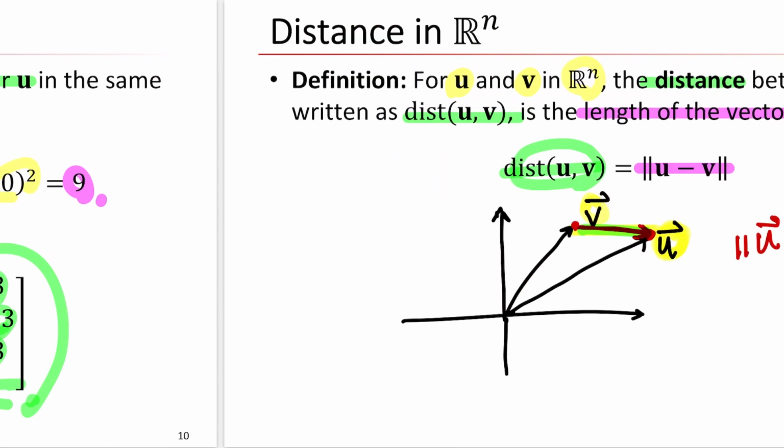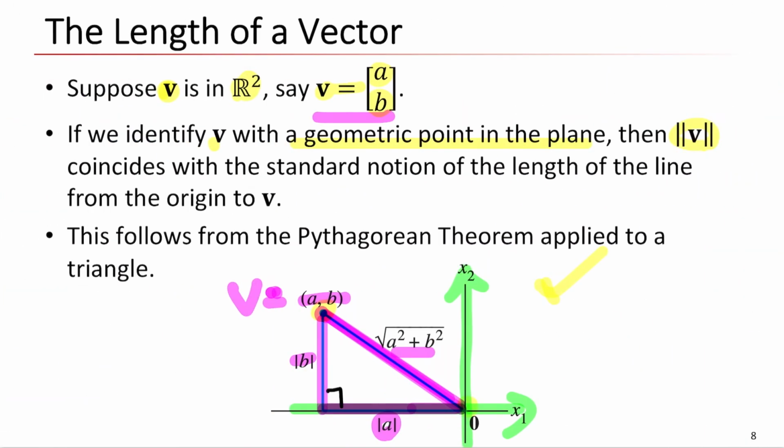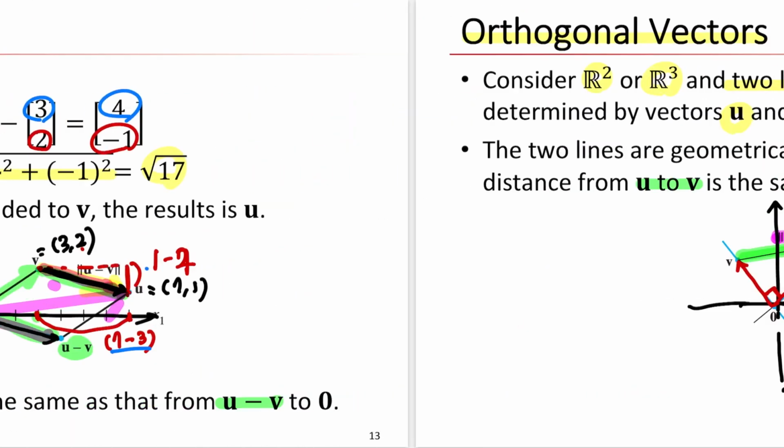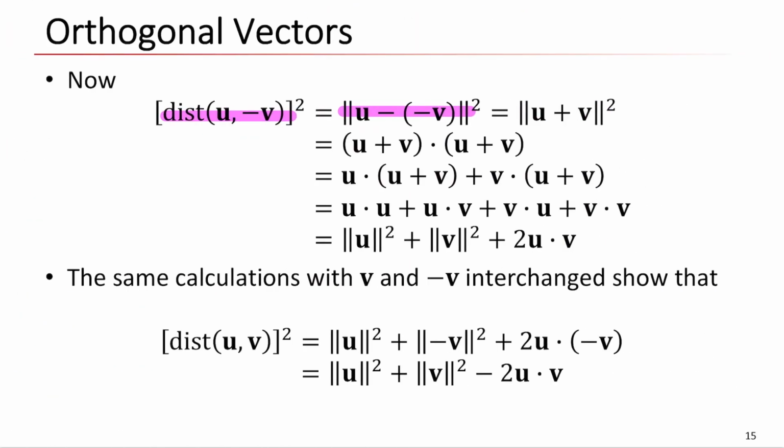From the definition of distance and length. Then this one is equal to the square length of u plus v, right? Square length of u plus v. Then we can represent this one by the inner product of u plus v and u plus v, right?